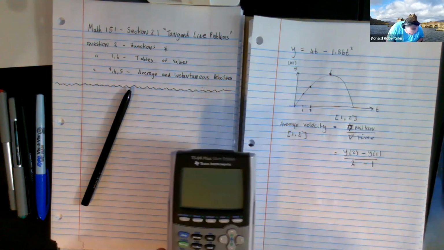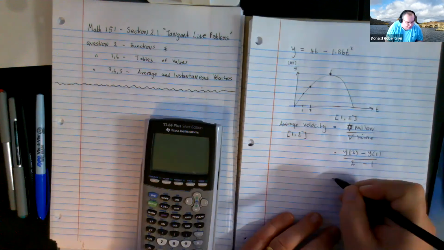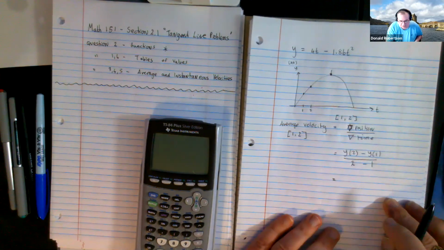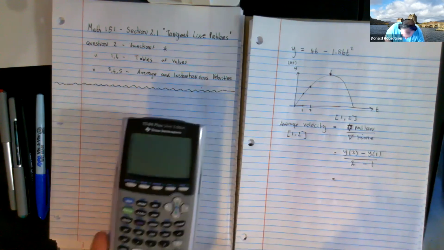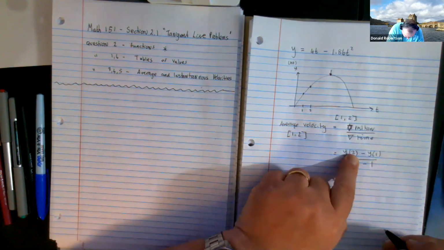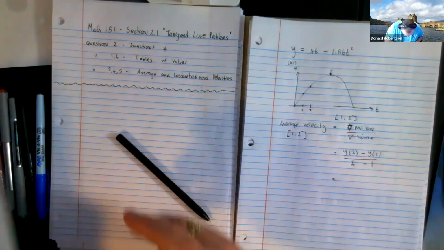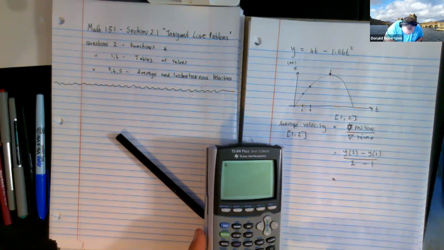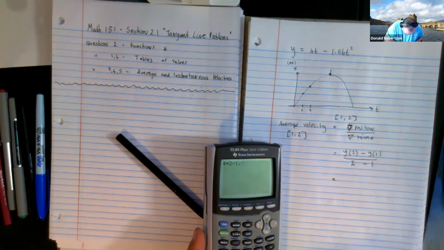So I'm going to do it 2 ways. Let's do it the old-fashioned way, right? Just evaluate it, and then we'll use the calculator and see if it makes life easier. Well, if you're going to do y of 2, don't you have to evaluate this at 2? So you're just going to have to trust me and hopefully I don't screw up, which I have been known to do. So it's going to be 4 times 2, take away 1.86 times 2 squared.